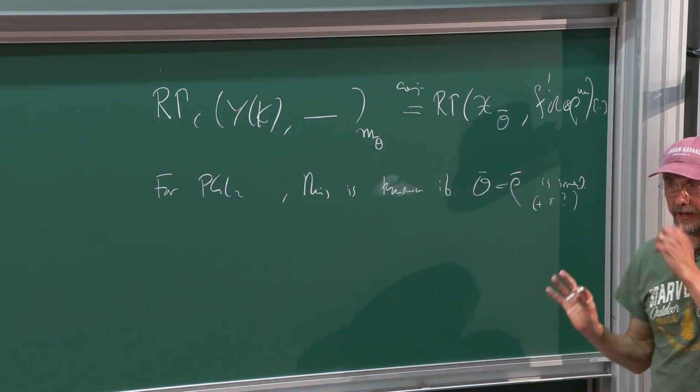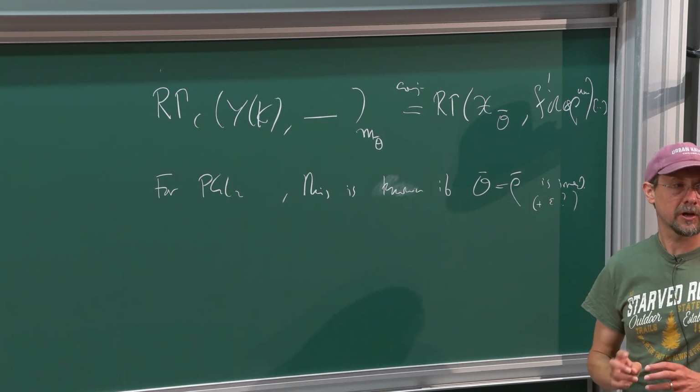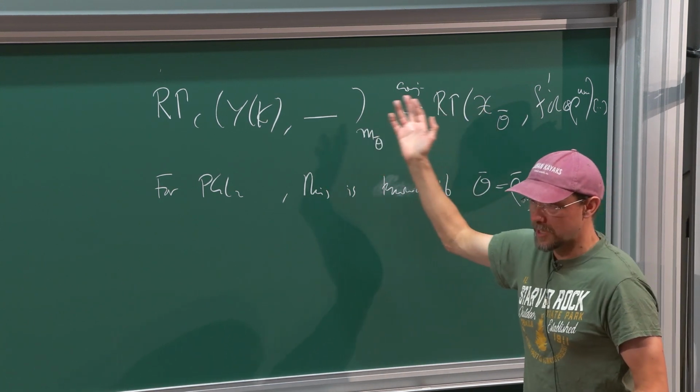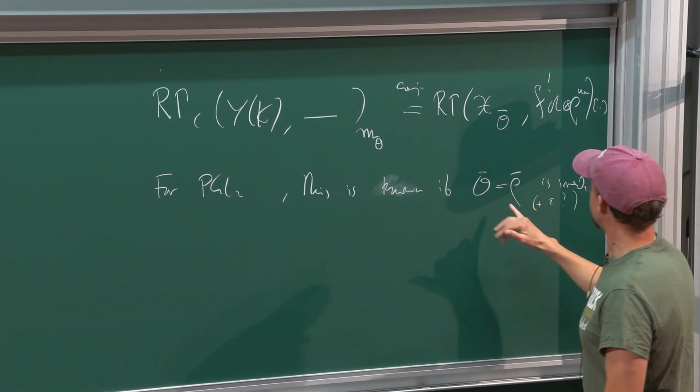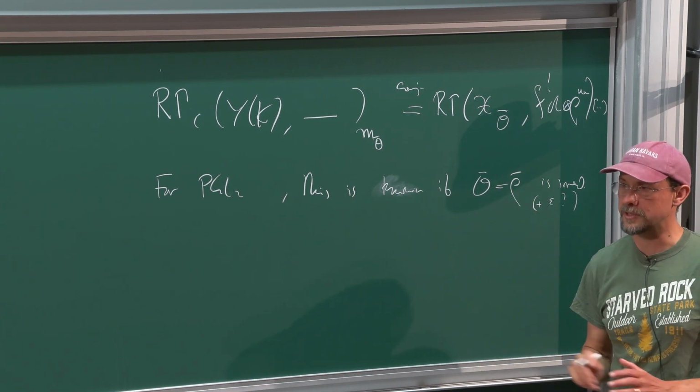I forget the details. I proved a local-global compatibility result for cohomology of modular curves, which essentially proves this statement, maybe with additional assumptions on the rho bar, which I don't remember exactly right now.